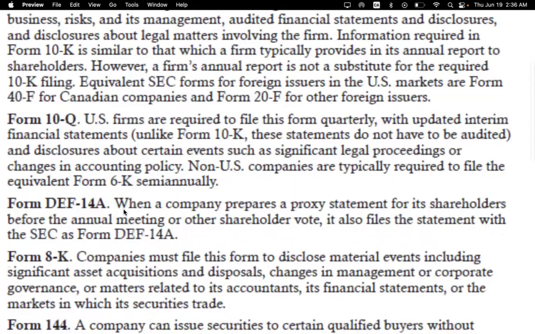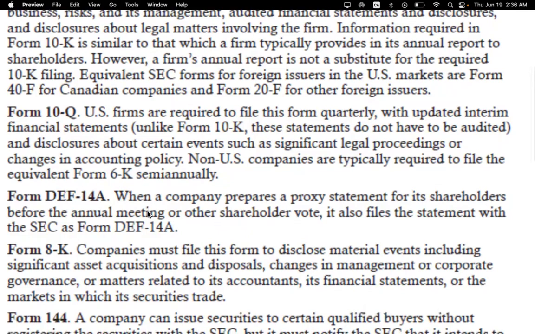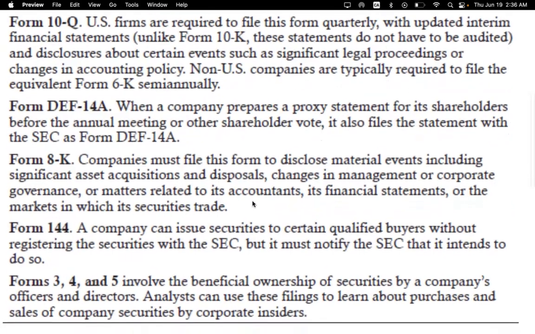DEF 14A, when a company prepares a proxy statement for its shareholders before the annual meeting or other shareholder vote, it also files a statement with the SEC as Form DEF 14A. So अगर आप proxy statement बना रहे हो before the annual meeting, you're going to have to file DEF 14A. 8K, companies must file this form to disclose material events, including significant asset acquisitions and disposals, changes in management or corporate governance, or matters related to its accounting, its financial statements, or the market in which the securities trade.